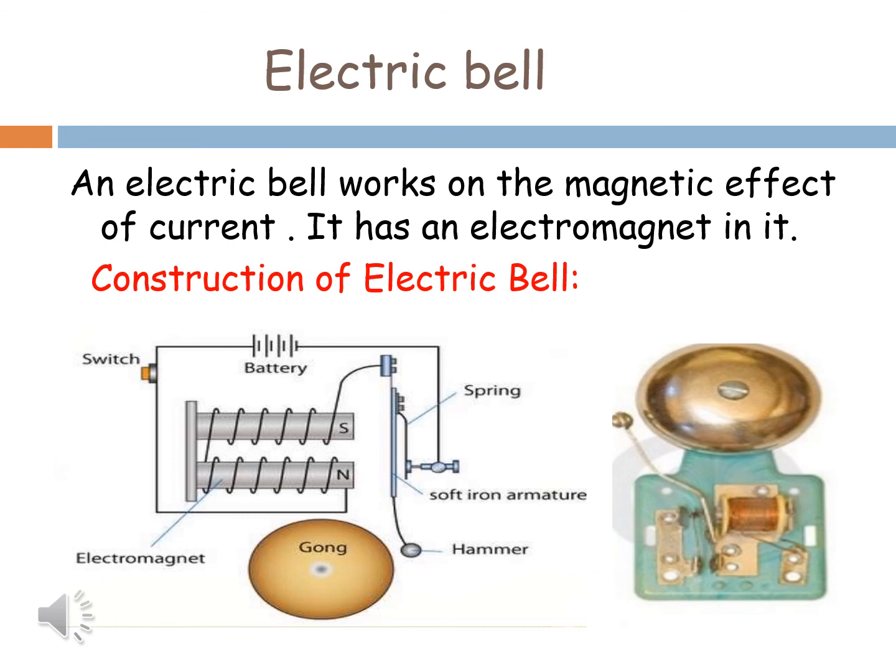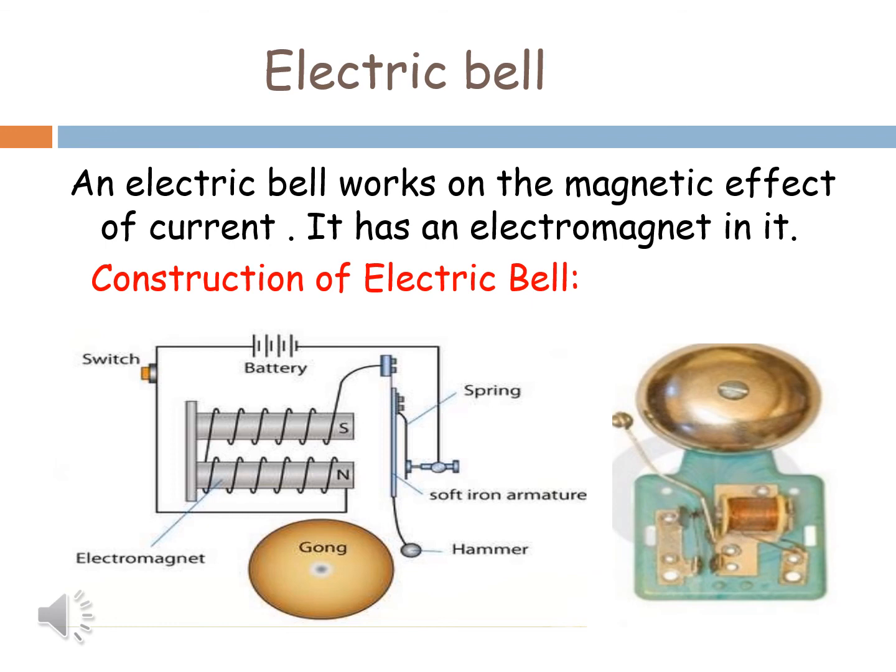Now let us discuss the construction of an electric bell. An electric bell has a U-shaped electromagnet. A small iron bar called the armature is held in front of the poles, and the lower end of the armature is attached to a flat spring, and the spring is itself fixed to a metal bracket, and the upper end of the armature has a hammer attached to it.